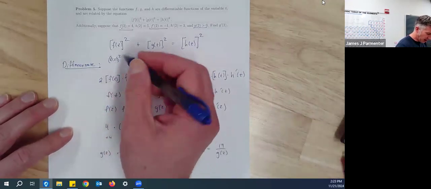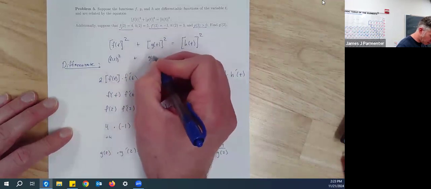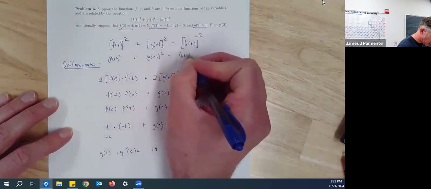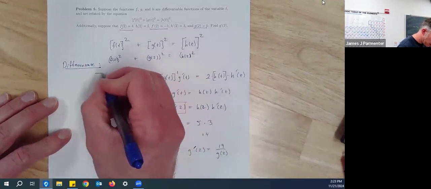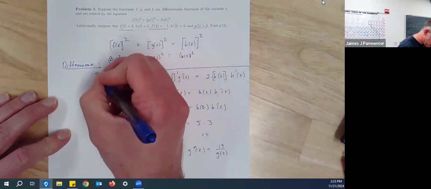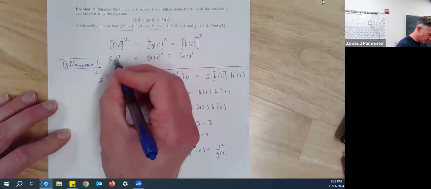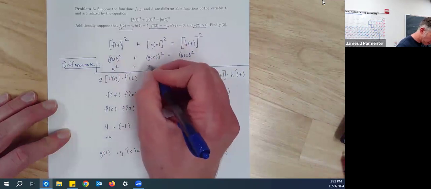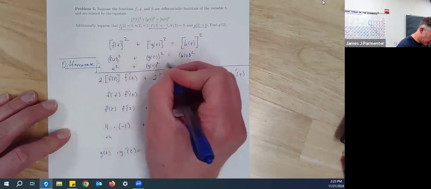And it is, right? f of 2 squared plus g of 2 squared equals h of 2 squared. But we know that f of 2 is 4, so we have 4 squared. We're trying to find g of 2 squared, and it's probably going to equal 5 squared.